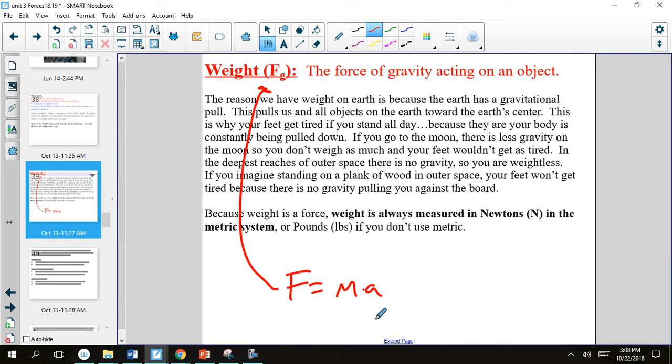So yes, it involves mass, and yes, it's going to involve something to do with our Earth, but it's not the same as mass. Here in the U.S., we use pounds, but for all intents and purposes, what we're going to use in this class is newtons.